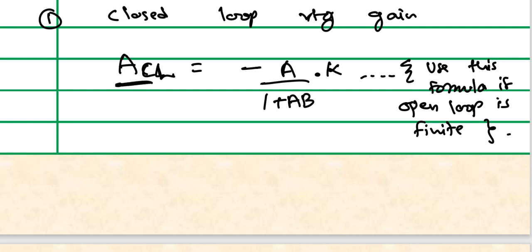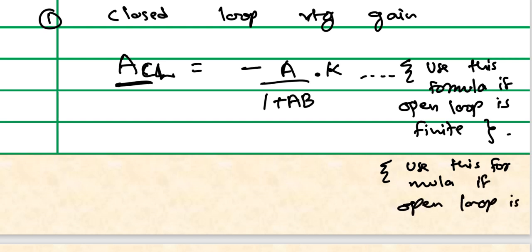And if the open loop gain is infinite, substitute the A value as infinity, substitute the value of K, substitute the value of B, and solve.